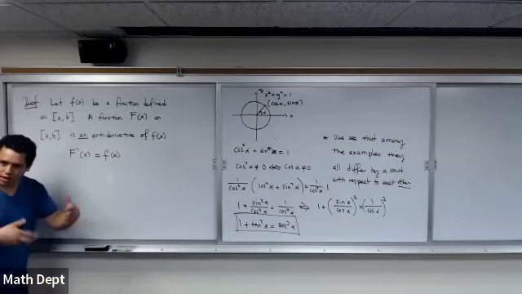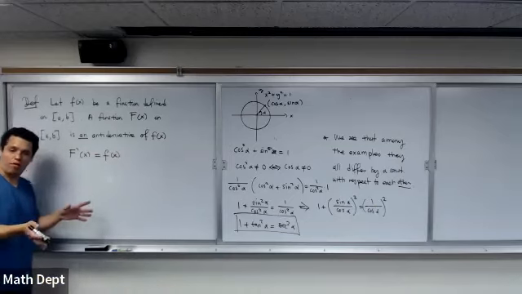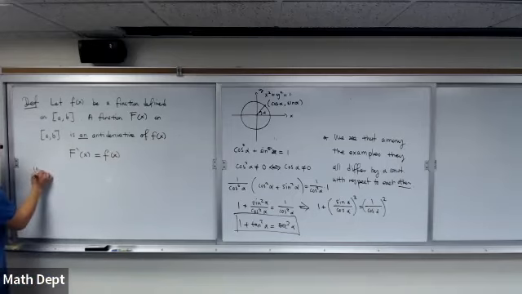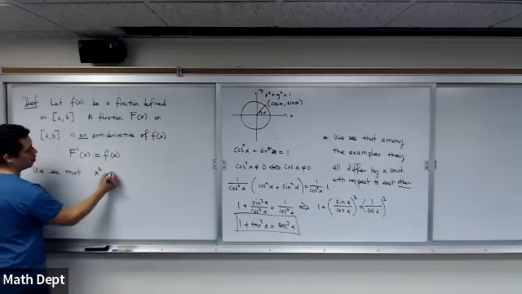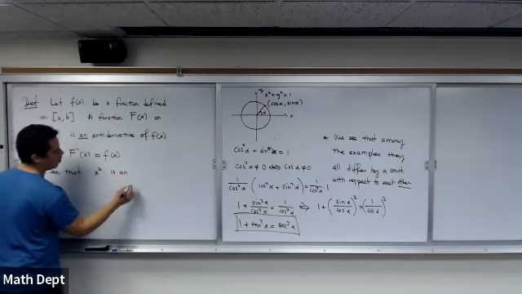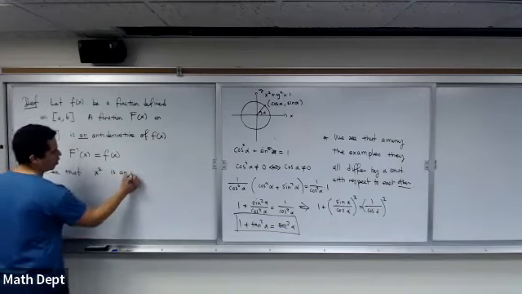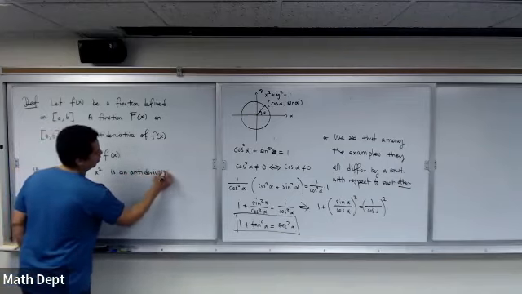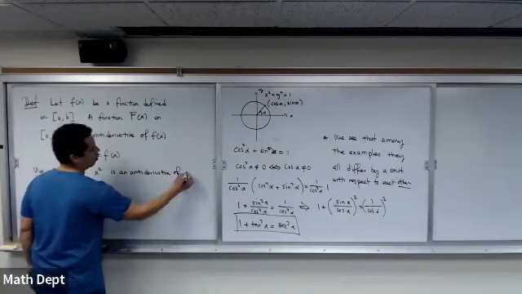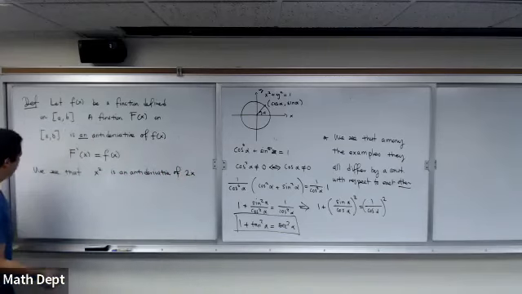So with this in mind, we have now the following. We see that x squared is an antiderivative of 2x.